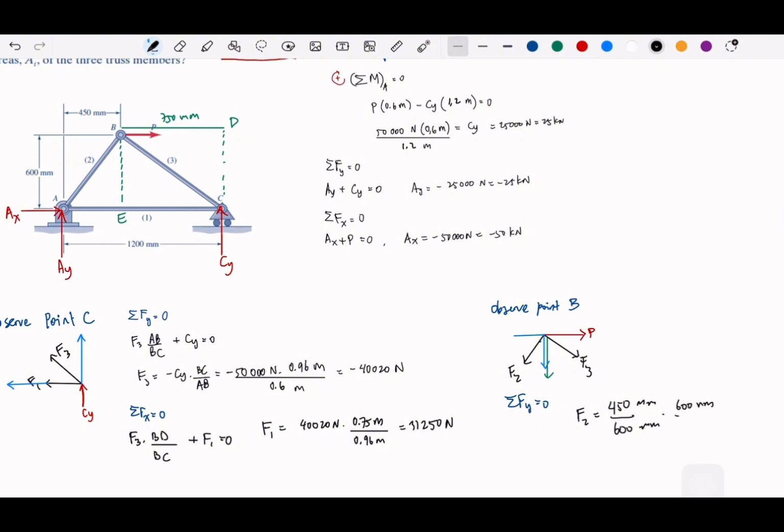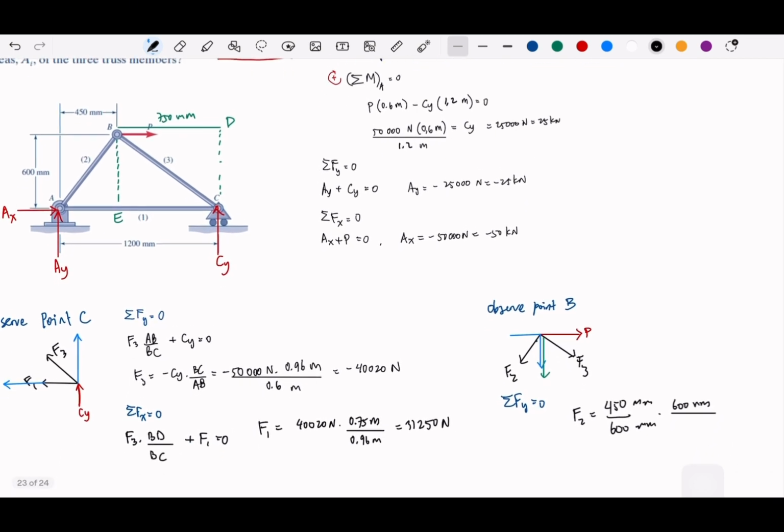Divided with BC. BC is 960 millimeter F3. This you get the same 3, 1, 2, 50 Newton.